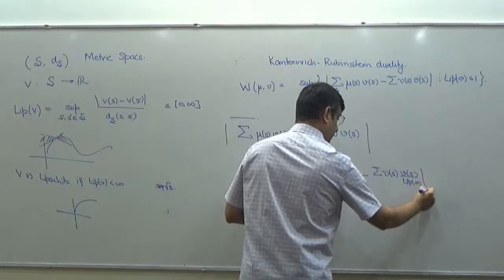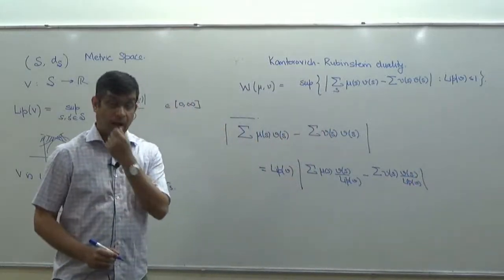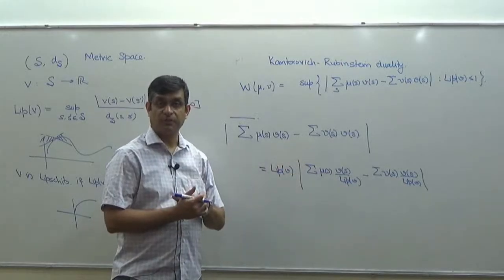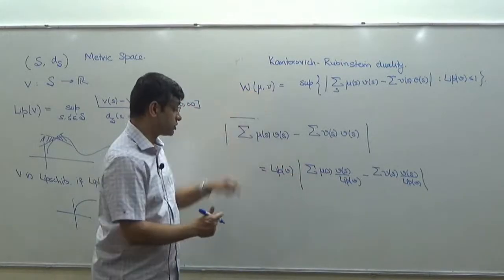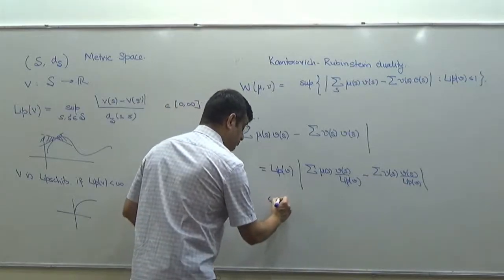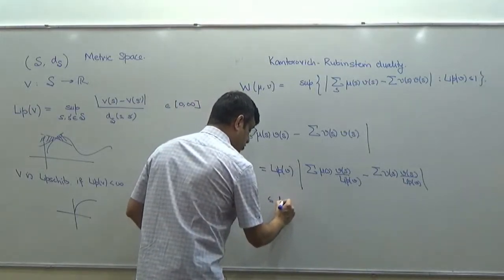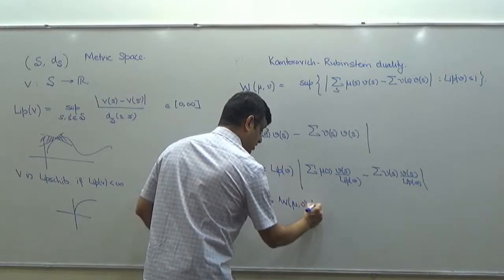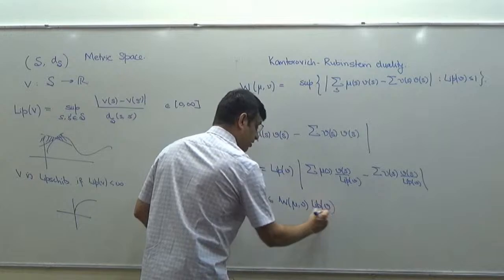And now this is a function whose Lipschitz constant is less than 1. Therefore, by definition of Wasserstein distance, this should be less than equal to the Wasserstein distance between mu and nu times the Lipschitz constant of the function v.